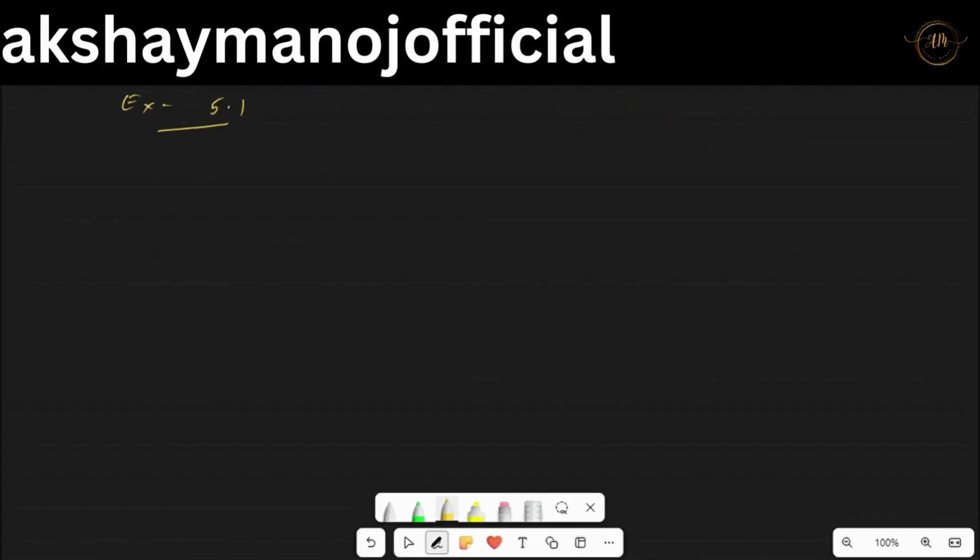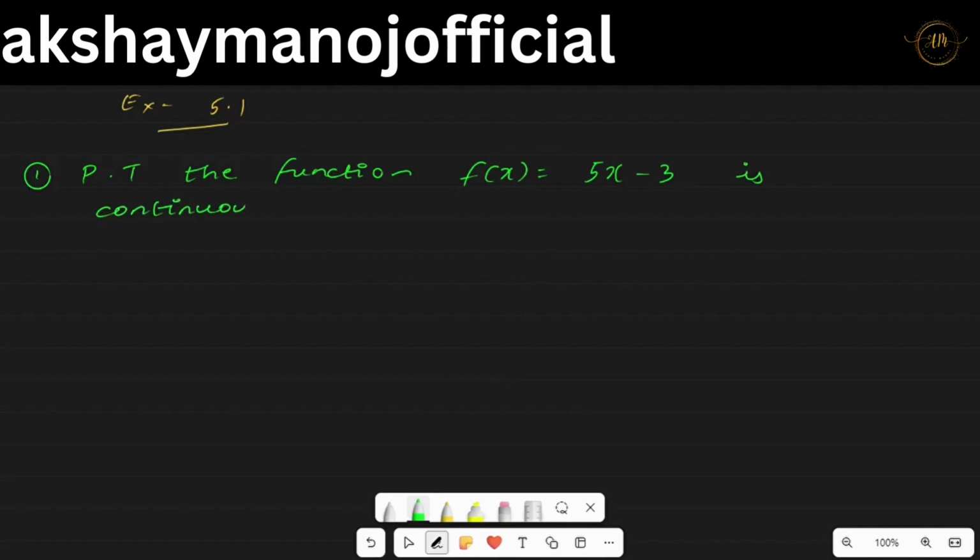Our first question reads like this: prove that the function f of x is equal to 5x minus 3 is continuous at x is equal to 0, at x is equal to minus 3, and at x is equal to 5.